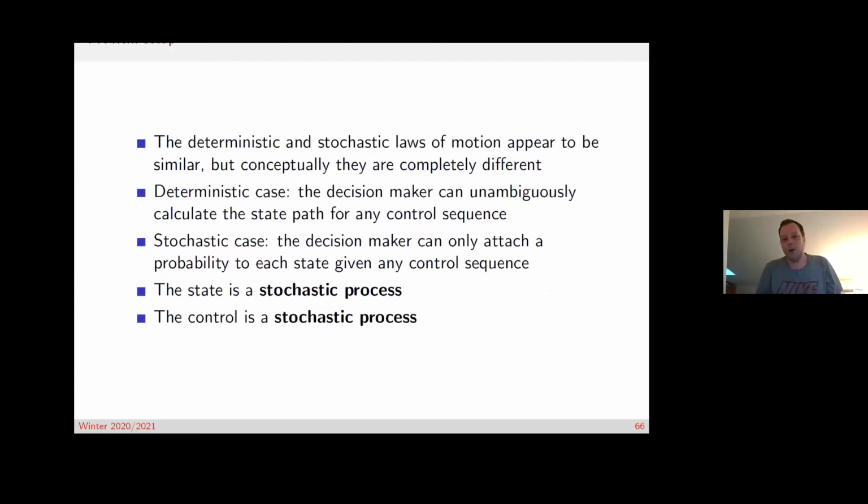The only thing that we have to take into account here, I mean, "only" is a slight understatement, so to say, is that instead of choosing one control sequence, because we know everything that happens, we have to choose in the stochastic case a whole number of control sequences. This is what I said.